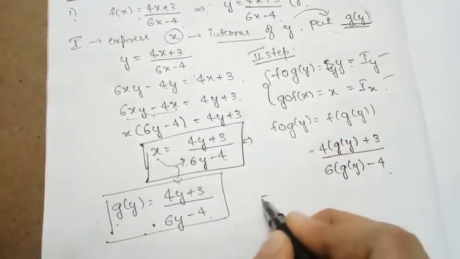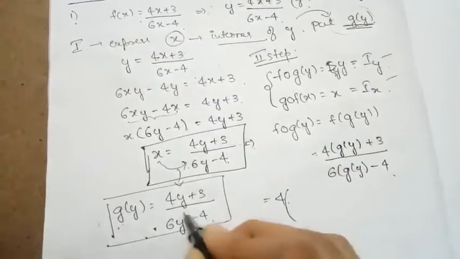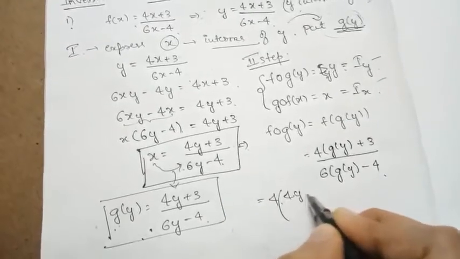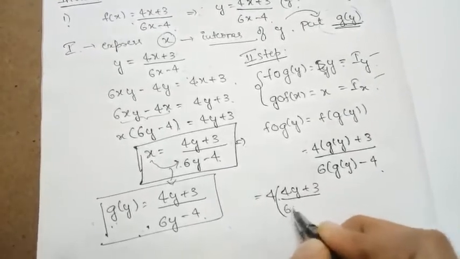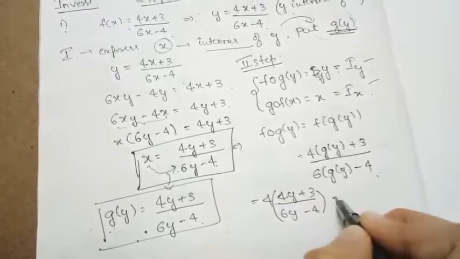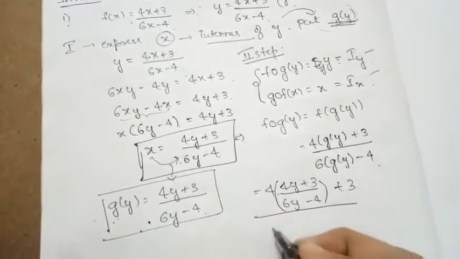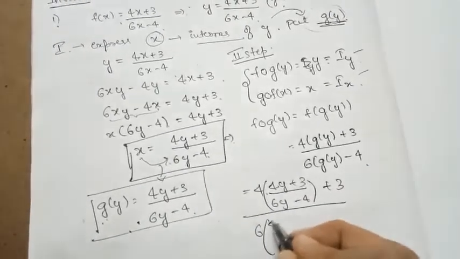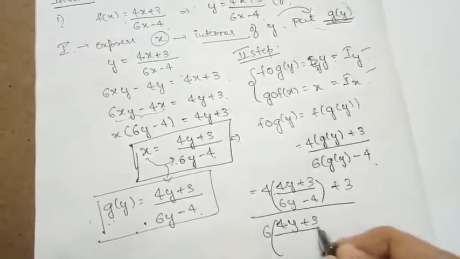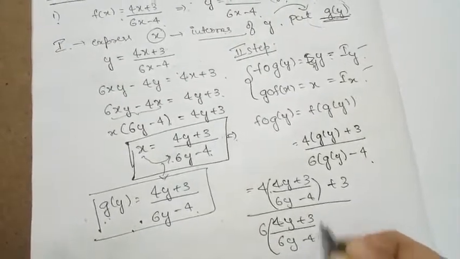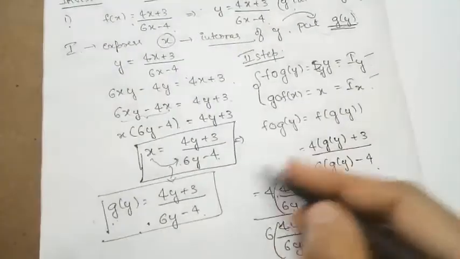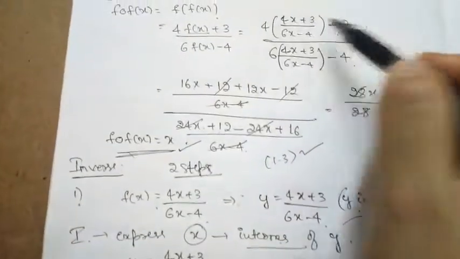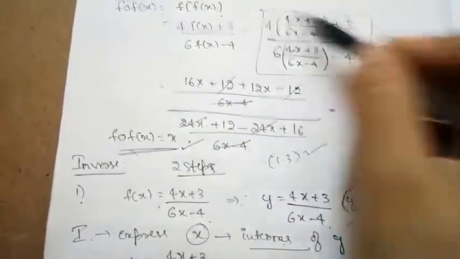And what is g of y here? It is 4 into (4y plus 3 divided by 6y minus 4) plus 3 divided by 6 into (4y plus 3 divided by 6y minus 4) minus 4.